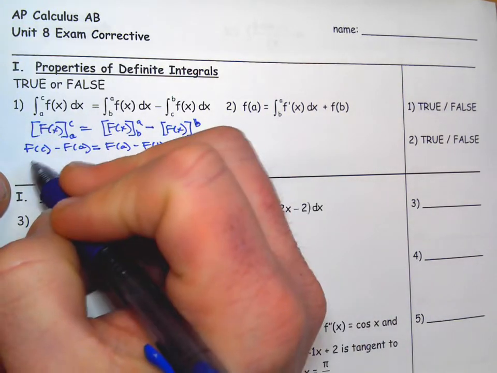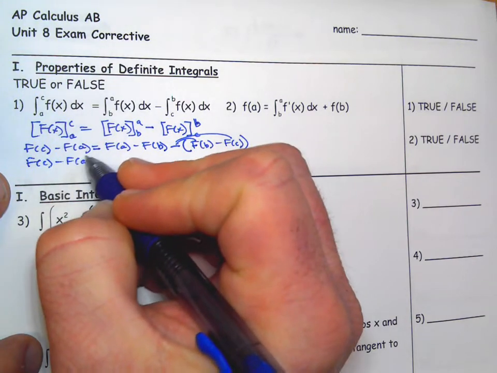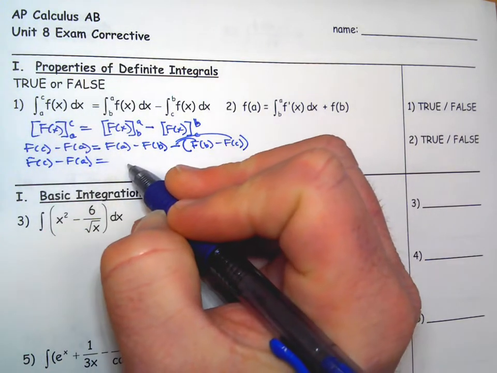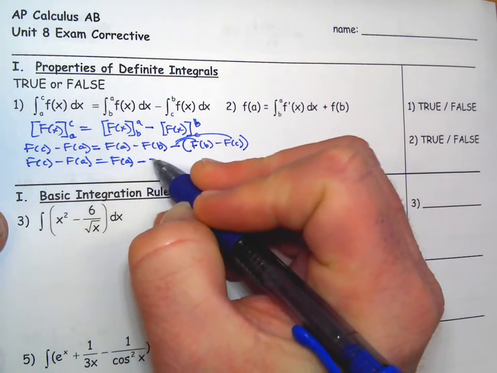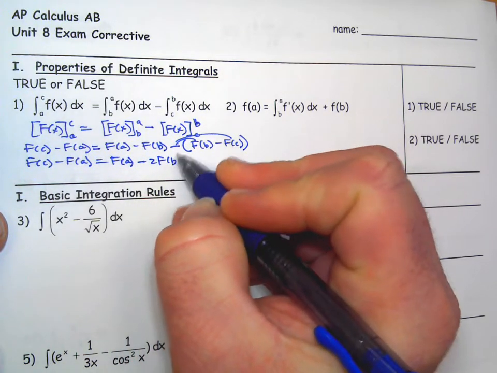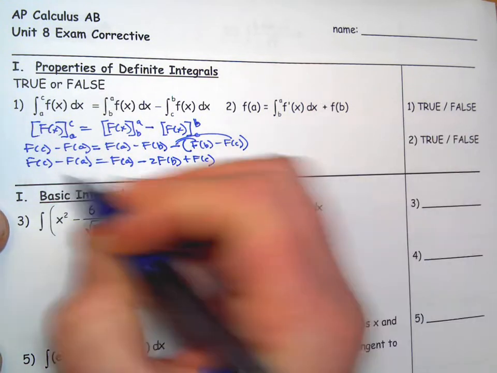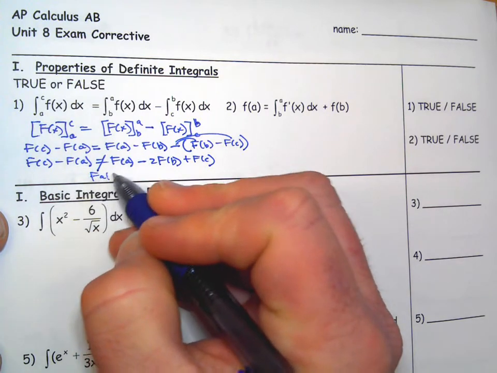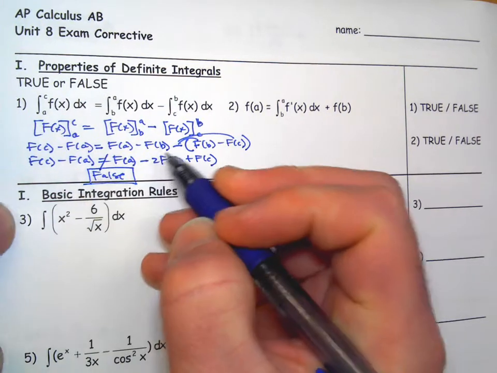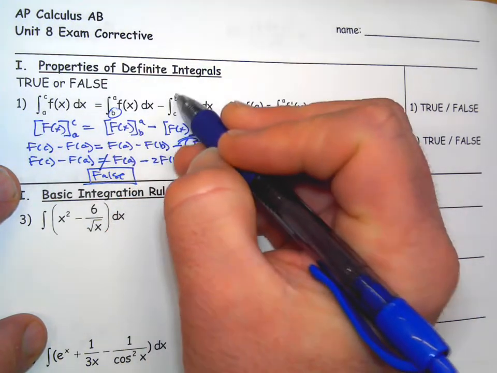So if we do that, we get F of C minus F of A equals F of A minus 2 F of B plus F of C. So, I mean, this isn't the same. So we're going to go with false. We can't connect these together because it's subtraction.